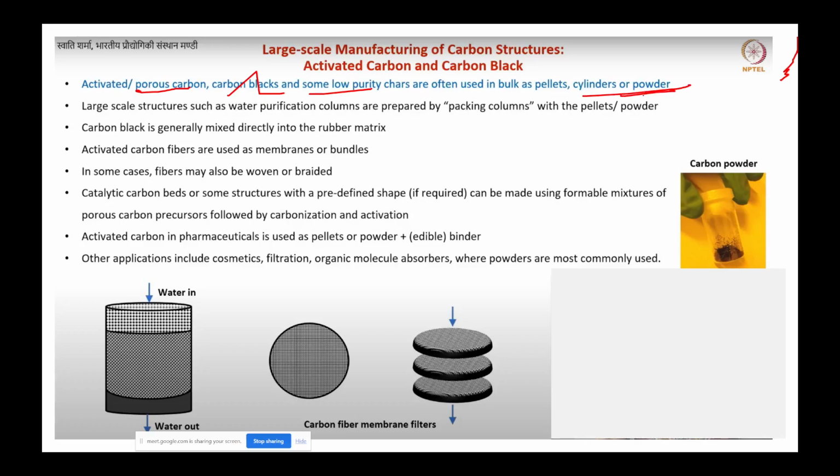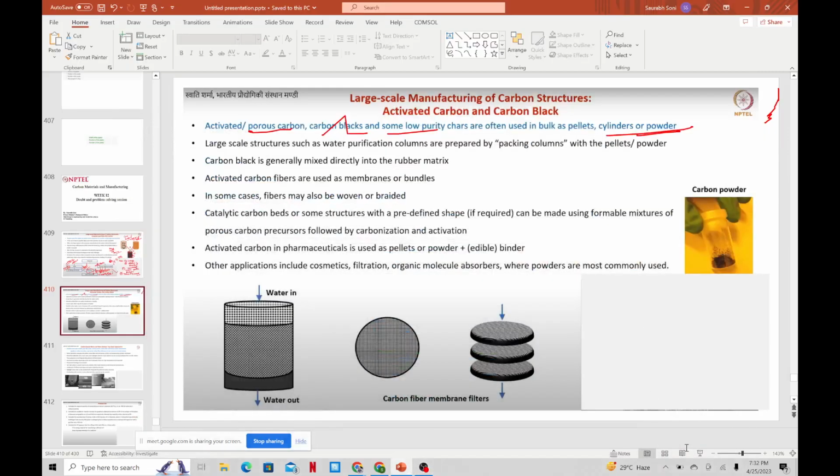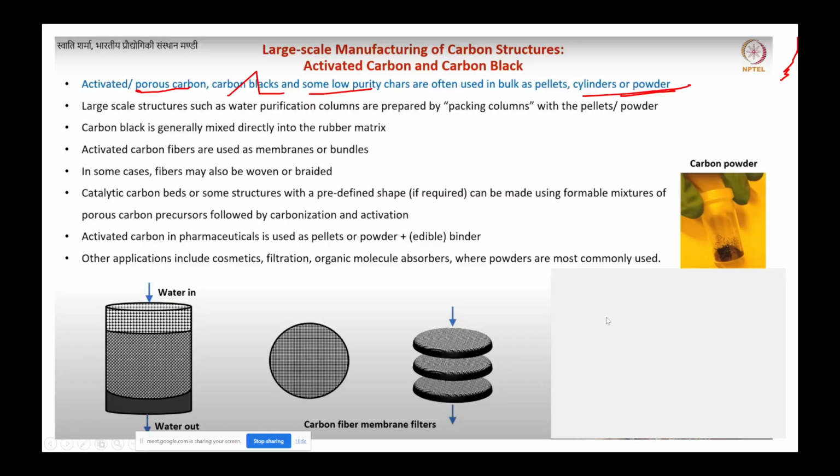So large scale structures such as water purification columns are prepared by packing columns with the pellets or powder. Okay. Packing column, pellets or powder you will require for the large structure manufacturing.